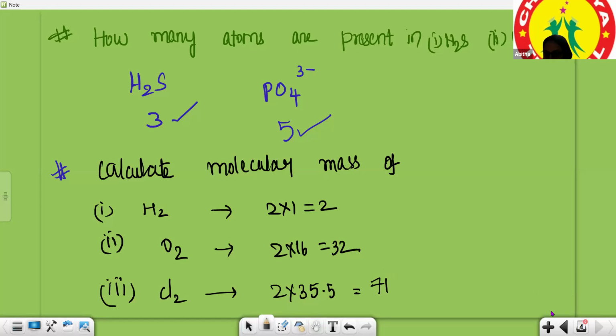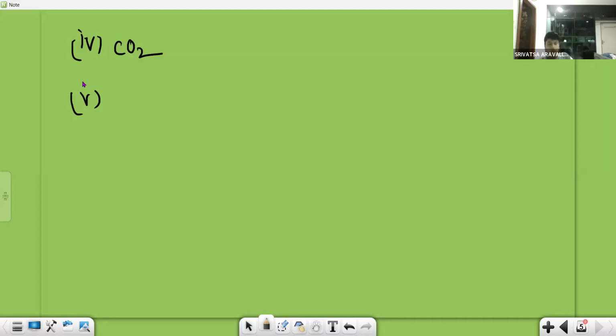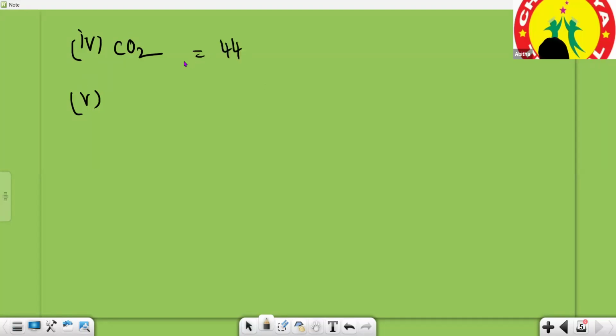So 71.0 will be the value. Okay, next one, CO2. 44. Very good. So you're doing it in your mind. Perfect. Not using pen and paper also.